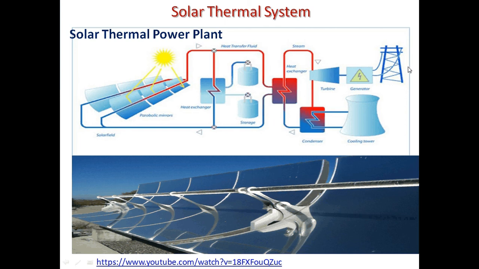So this part is similar to what we have in our thermal power plant. Only the heat exchanger part, the boiler part, where the heat is required, is supplied from the concentrated solar power plants.